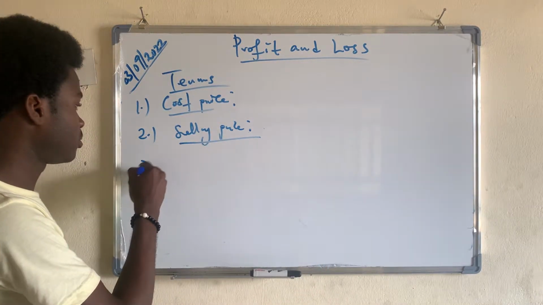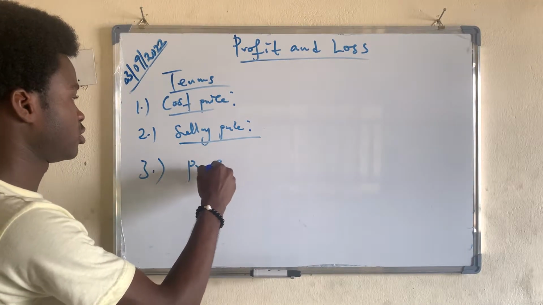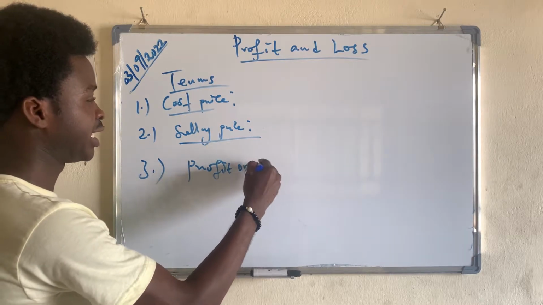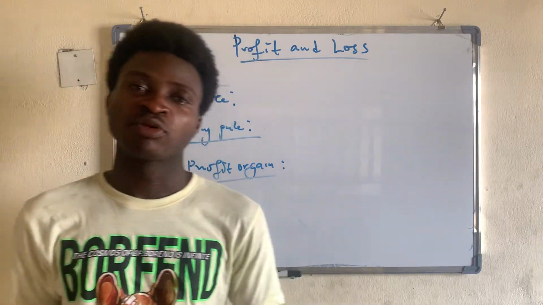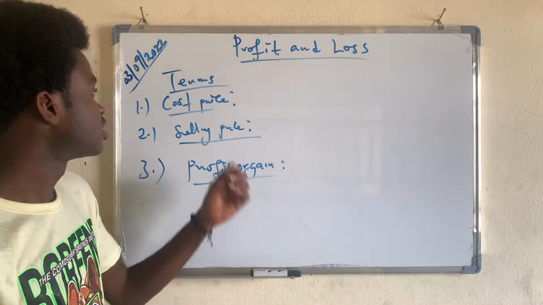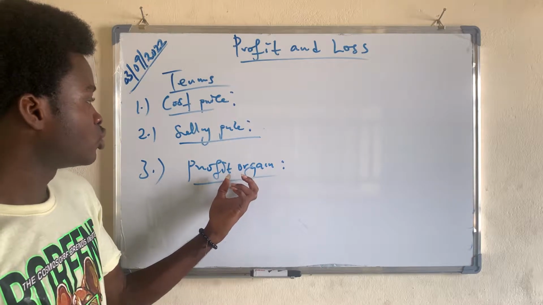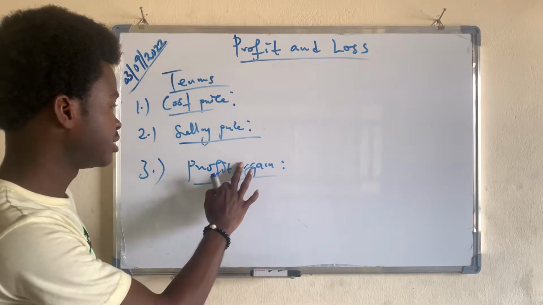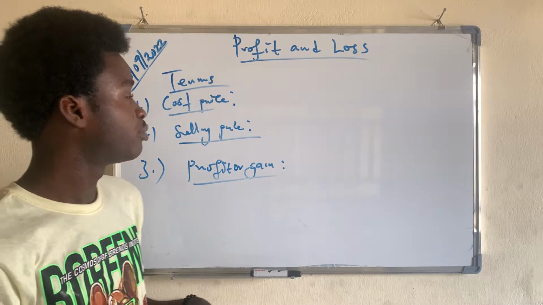So we have to consider profit, or we say gain. Your profit is simply the amount you gain from selling an article purchased.